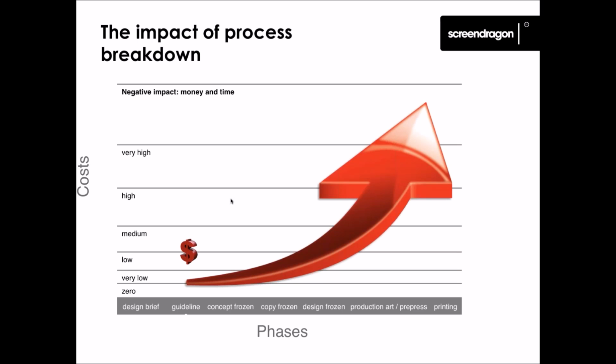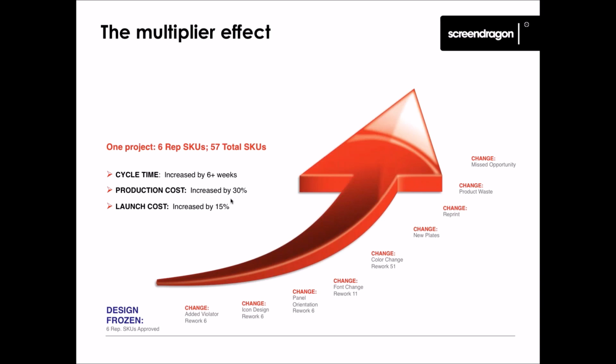Not alone because you've got to bring your design agency in again and go through rounds of revision. There's also, especially in this world, a multiplying effect of changes, because you could be producing one design, but that design is applied across a variety of SKUs, a variety of packaging sizes, specs, POS, etc. And the later you make it, obviously more and more rounds of revision and more rework.